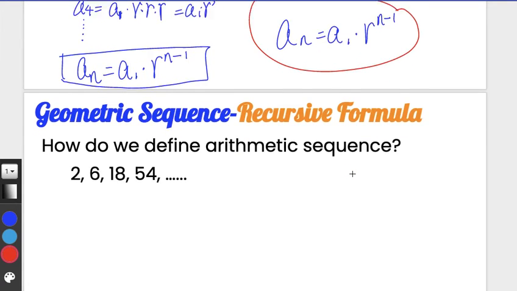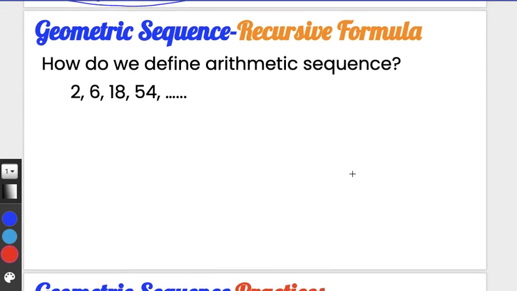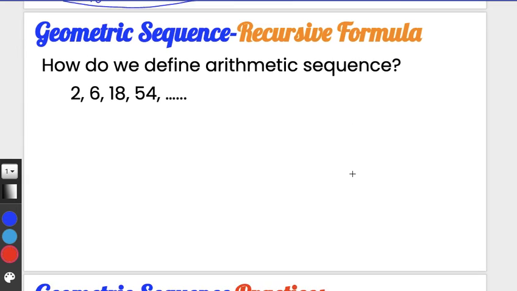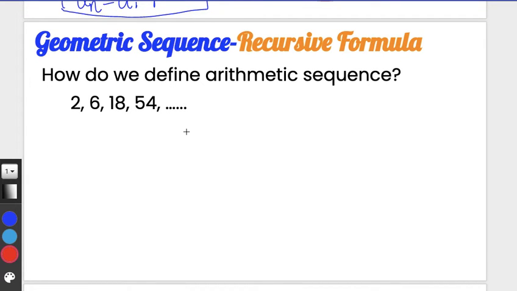Okay, now the recursive formula. Sometimes you will be surprised, a recursive formula can be very straightforward. A recursive formula is always defined by what the first term is, which is 2 here, and how to define the next term from the current term. How? We need to multiply by 3, right?